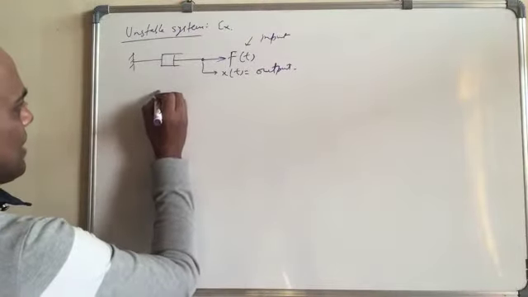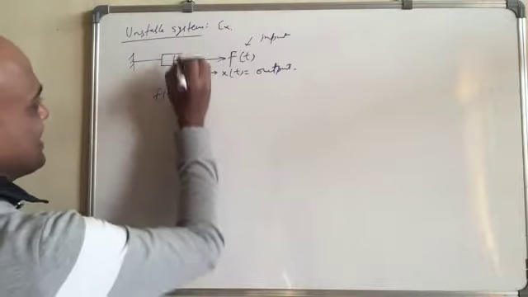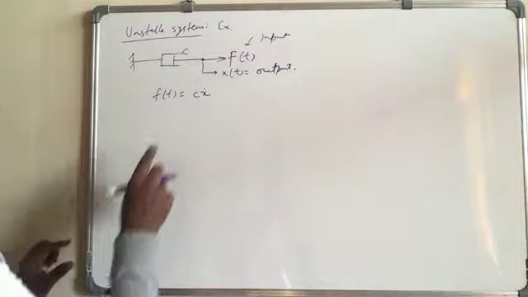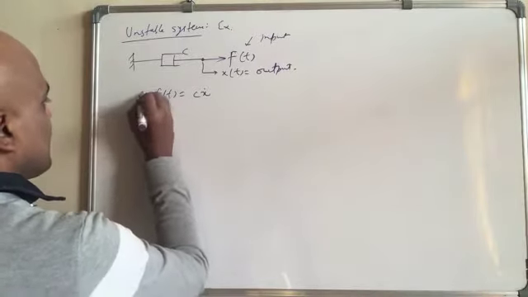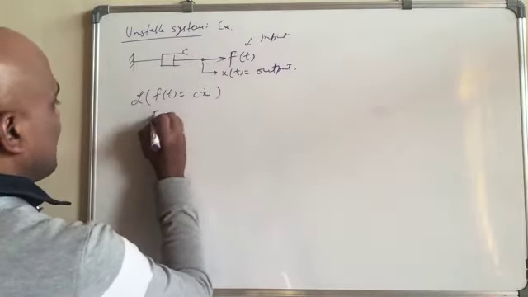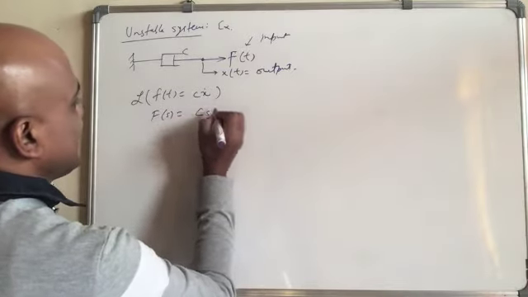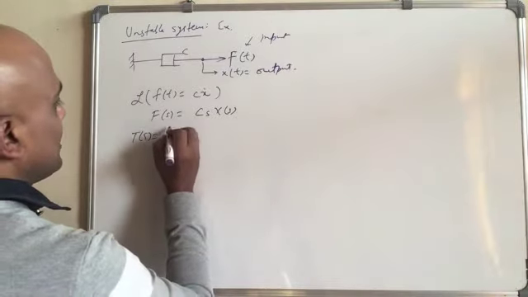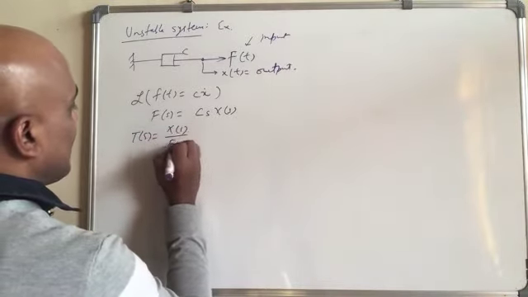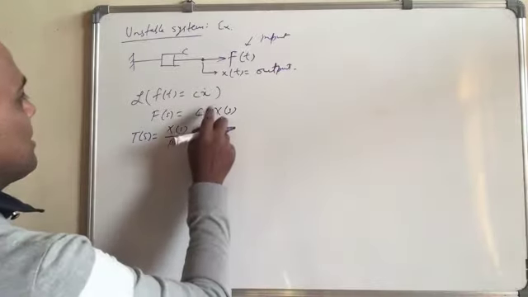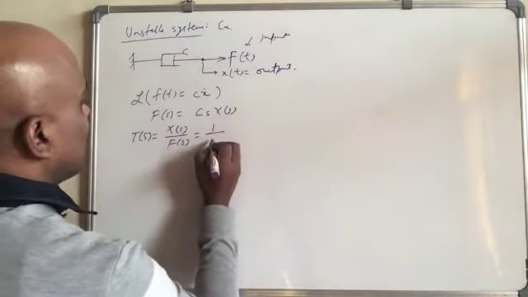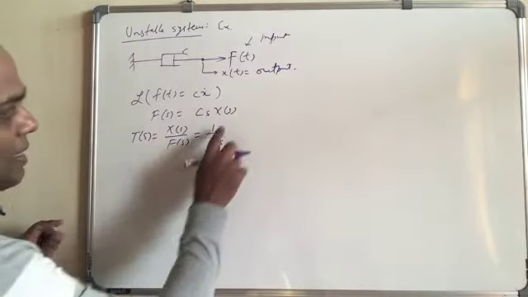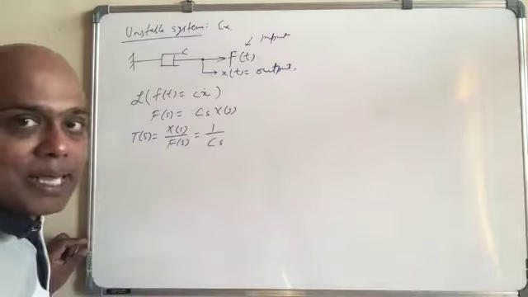The equation is F(t) equal to C x-dot(t), and then Laplace transform, you get F(s) equal to C s X(s), and the transfer function T(s) equal to X(s) over F(s), which is equal to 1 over Cs. So you have 1 over Cs like this.